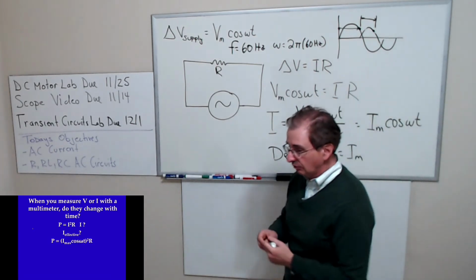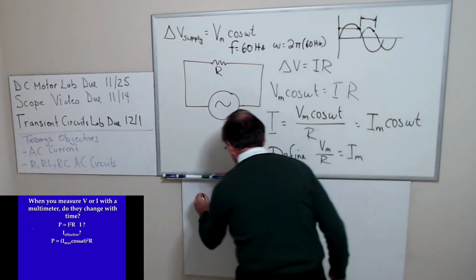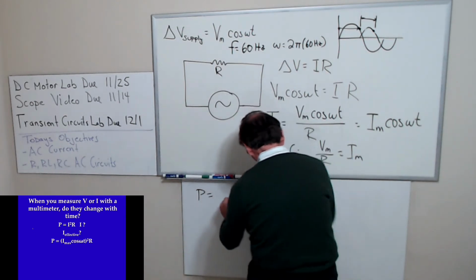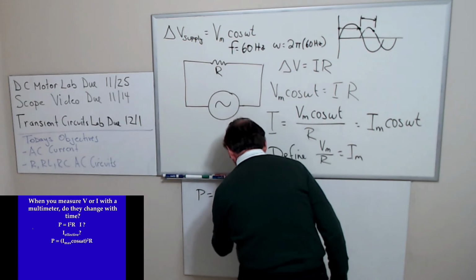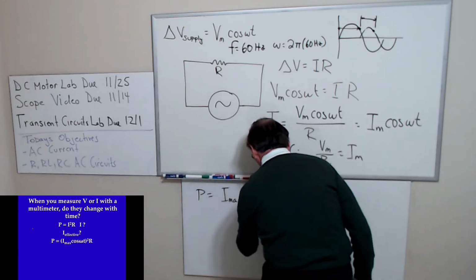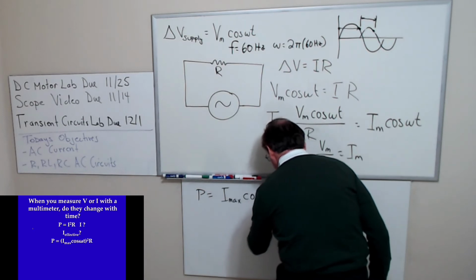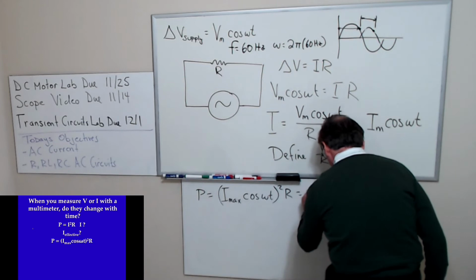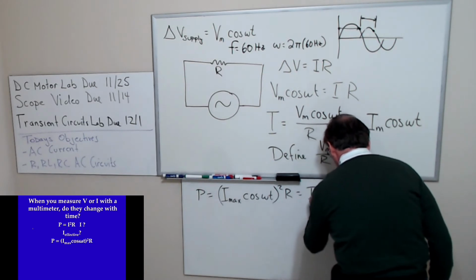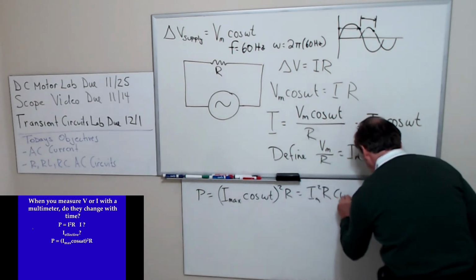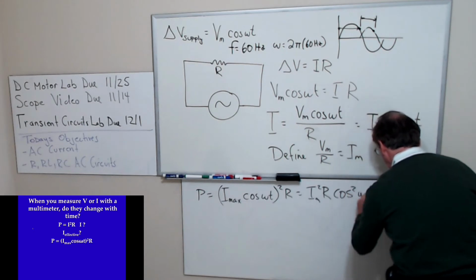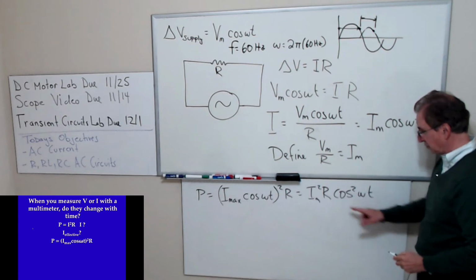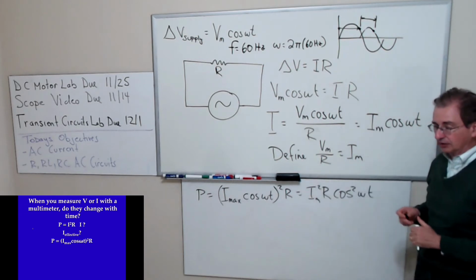And so what we do is we look at the average power in a cycle. The average power is going to be I max cosine omega t, squared, times R. All we have to do is figure out the average of this function, the average power over one cycle.